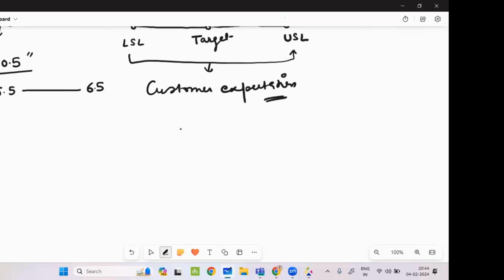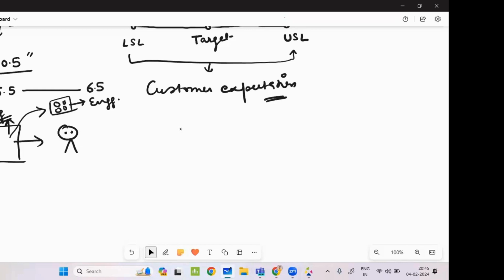Let's take an example of a customer care center. I'm a project manager in a customer care center, and the service we provide is this: whenever any inquiry comes from the customer, we log that query, then transfer it to a pool of engineers. Those engineers solve the query, and then we communicate to the customer.